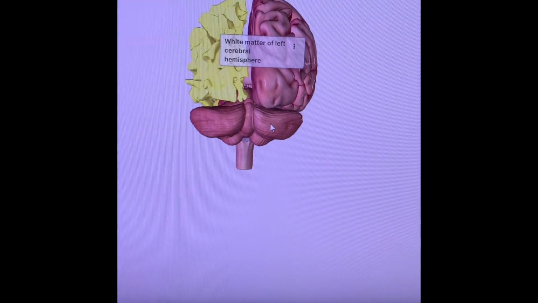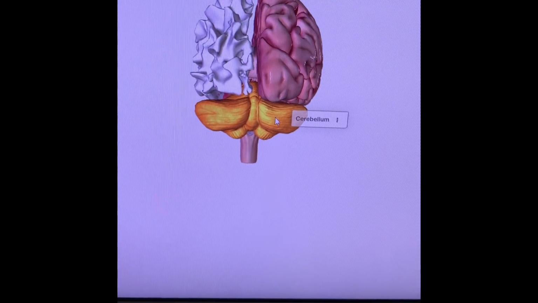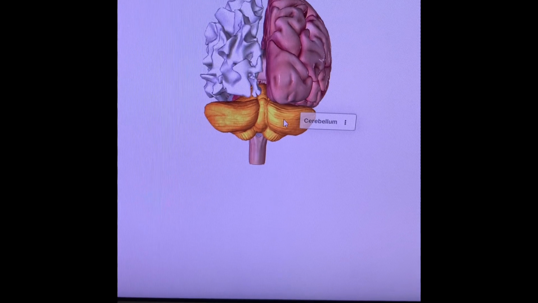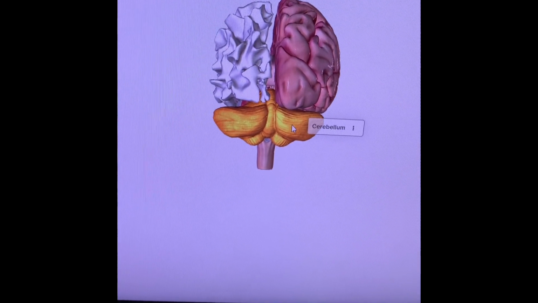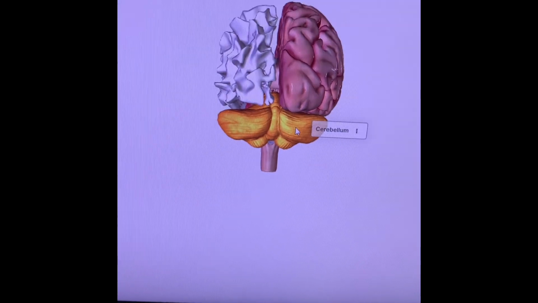And then this is your cerebellum. The cerebellum processes fine motor movements, balance, coordination, and proprioception, which is the sense of position of a joint.